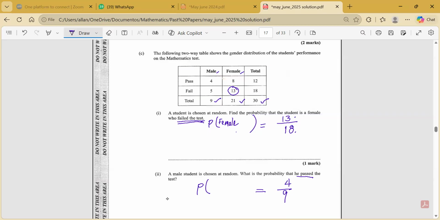So you had 9 students who are males, and we're looking at the number of students who passed. So that'll be 9. So it'll be 4/9. Yes, Tyrese.